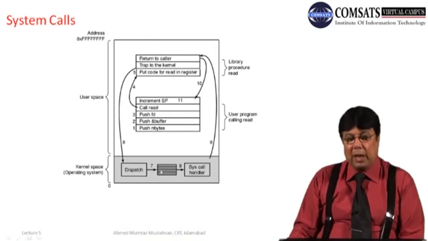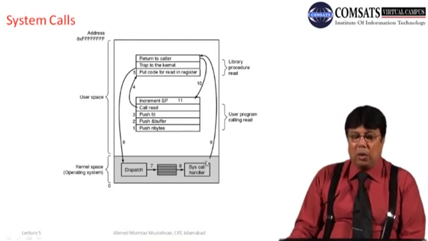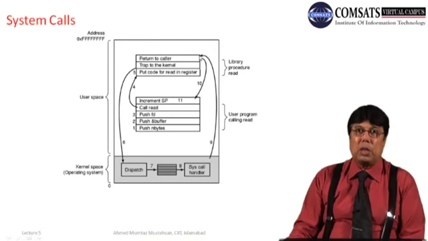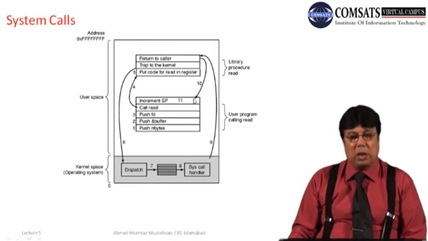So you select the kth slot, and that kth slot contains the pointer to the service procedure. After the execution of this system call, the control is transferred back to the library procedure, and from the library procedure the control goes back to the user program at the point where it made the service request.